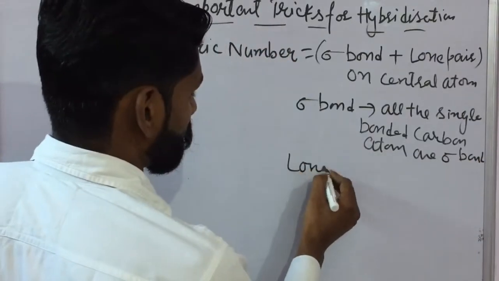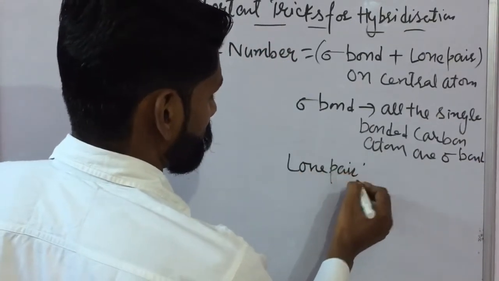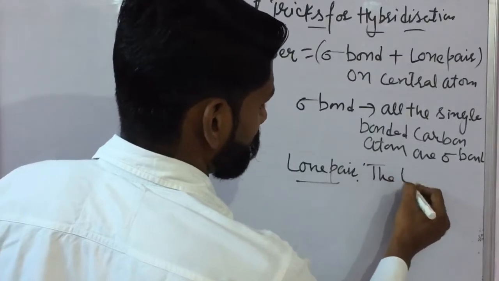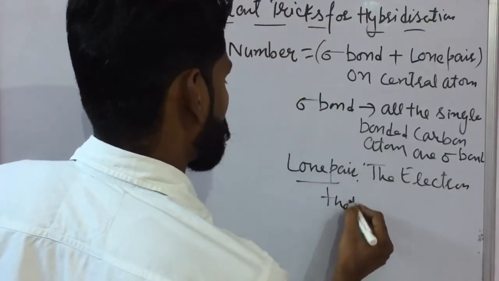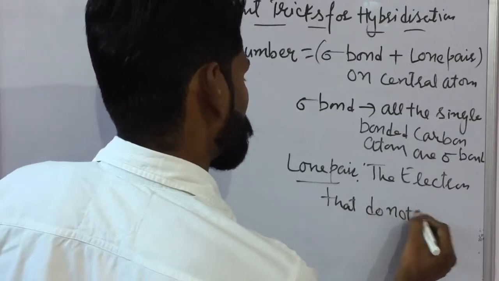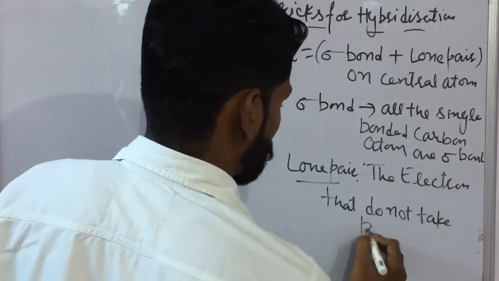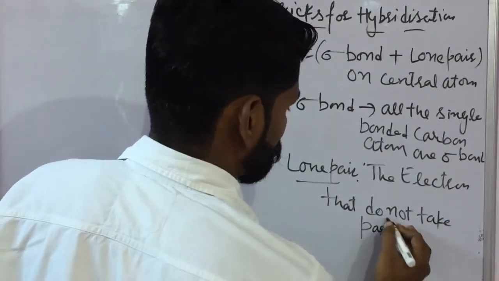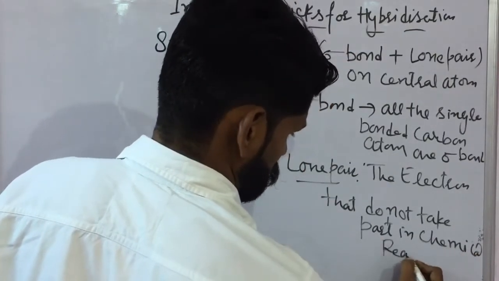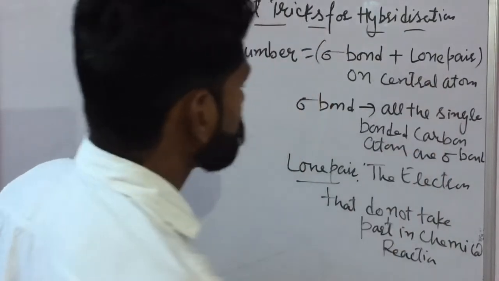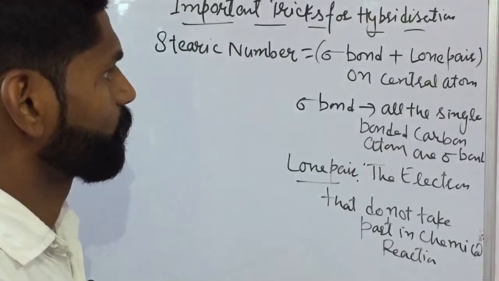And the second, lone pairs: the electrons that do not take part in chemical reactions. So these are the sigma bonds and the lone pairs.